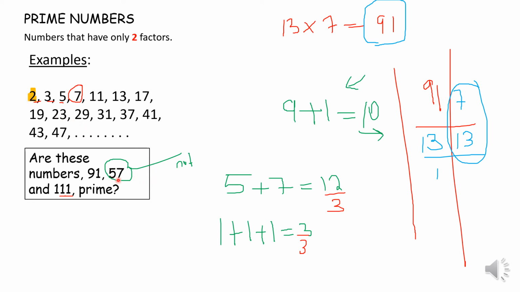Now remember, odd numbers are numbers that end with a 1, a 3, a 5, a 7, or a 9. Numbers that end with these are odd, but not all odd numbers are prime numbers. So you have to be careful that you do not assume, when you get a question, that because this number looks funny it is therefore prime.